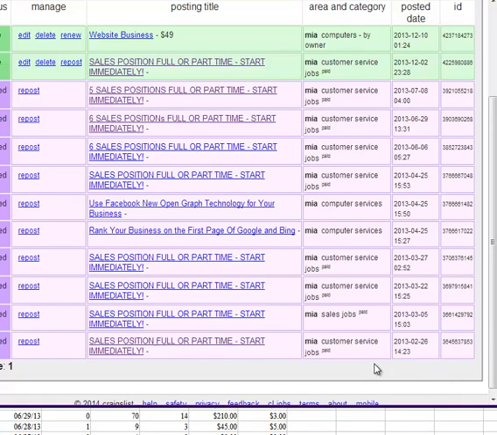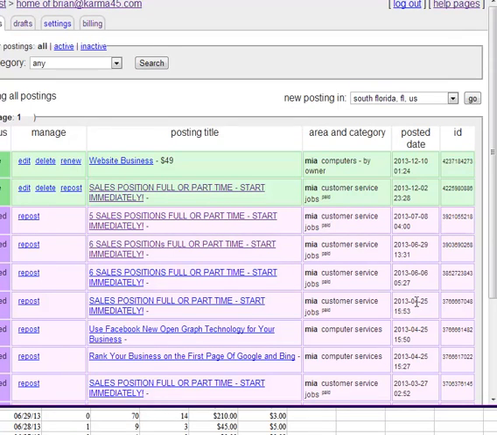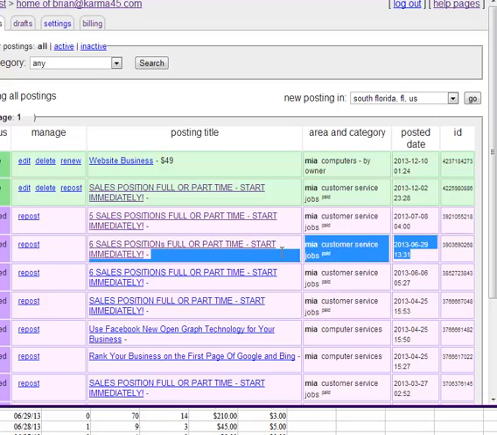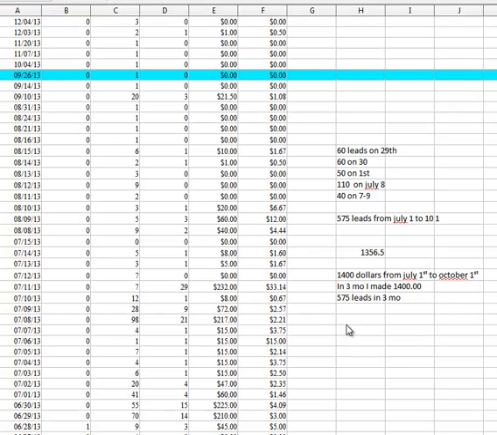Okay. Here's when the ad started. The ad started on 6/29. I did an ad on 6/29, we'll call it 6 sales positions.